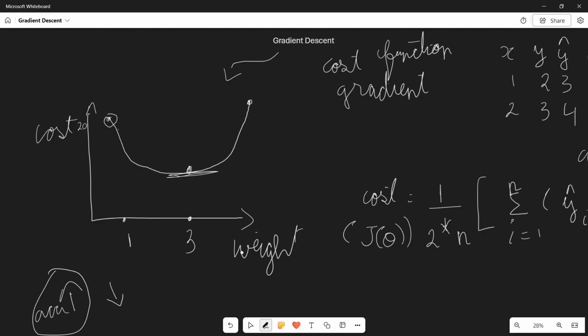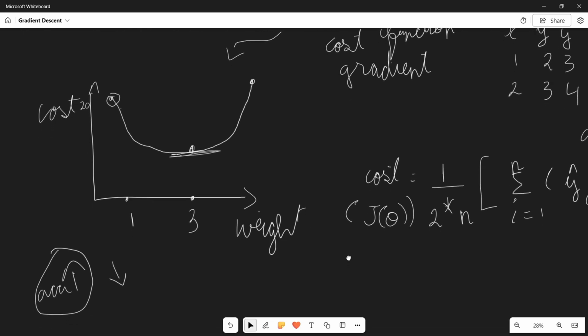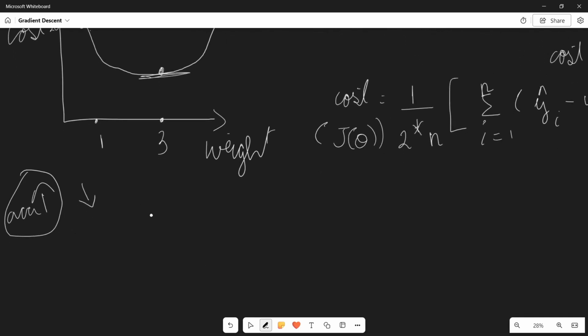Now I will make a mathematical introduction of the gradient descent function. In order to optimize the weights, the weight update is given as weight new equals weight old minus alpha, where alpha is the learning rate. I will discuss the learning rate in a few more minutes.